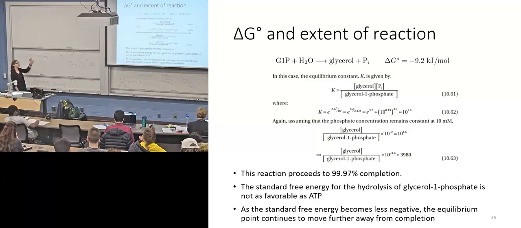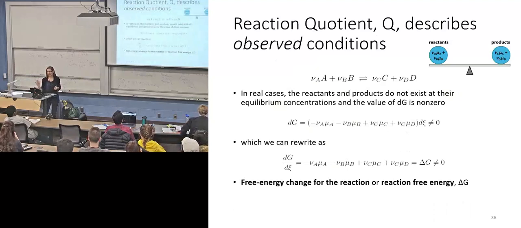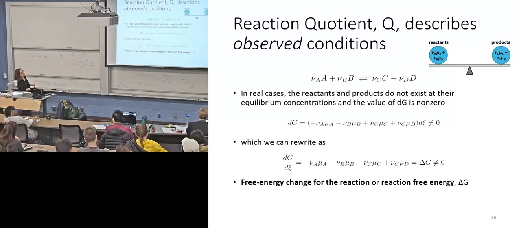If you're given a free energy change for the real reaction, for the observed conditions, you're no longer at equilibrium. Instead we define something called the reaction quotient, or capital Q. Reaction quotient, or Q, describes the observed condition, right?